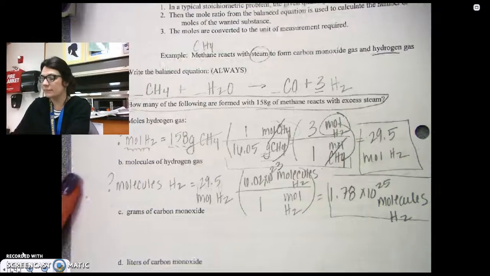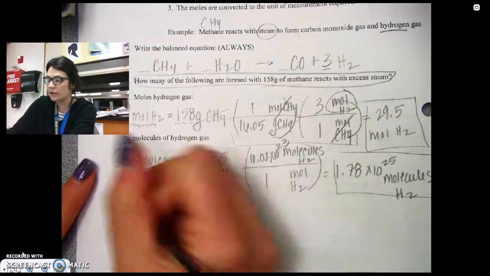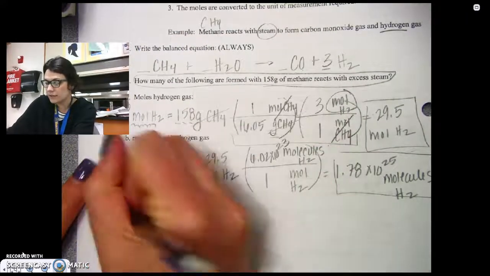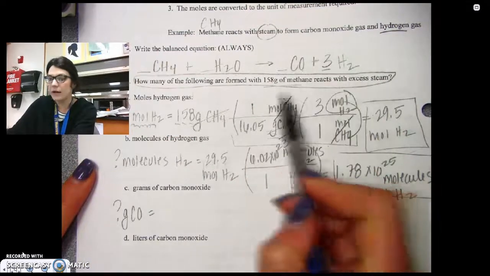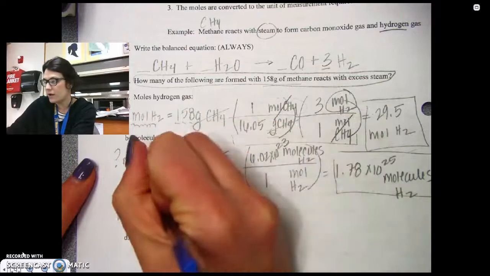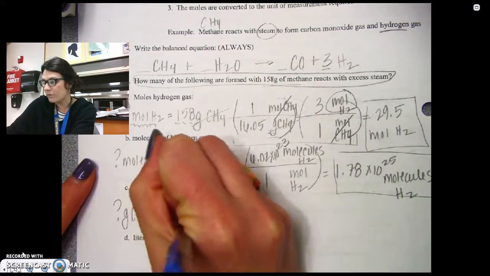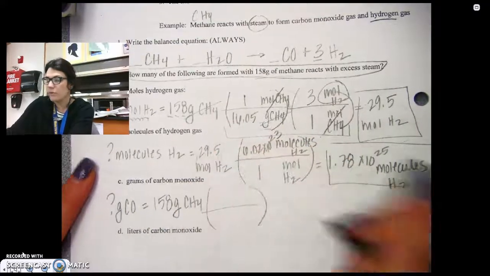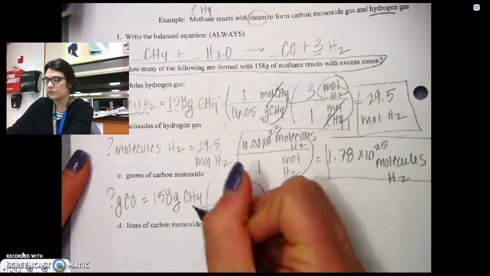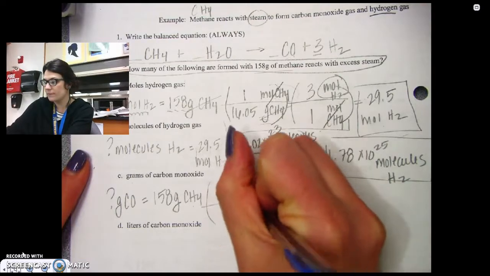So let's look at C. It says, how many grams of carbon monoxide? So question mark, grams carbon monoxide equals, I'm going to go back up to my 158 grams of methane. So 158 grams of CH4, okay? So my first conversion, I need to cancel grams of methane, so it goes in the bottom.